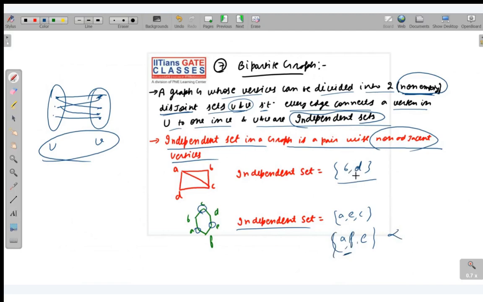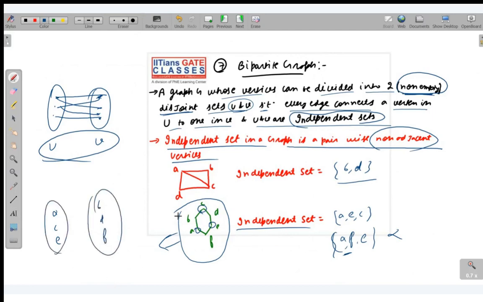Bipartite means, now I will explain here itself. A graph whose vertices are divided into two non-empty disjoint sets U and V. So you will take non-adjacent vertices, A, C, E. And what will be left out? B, D, F. So ACE, BDF.